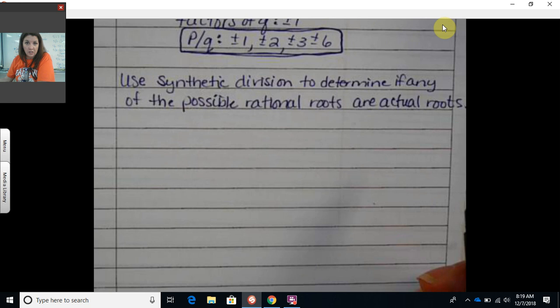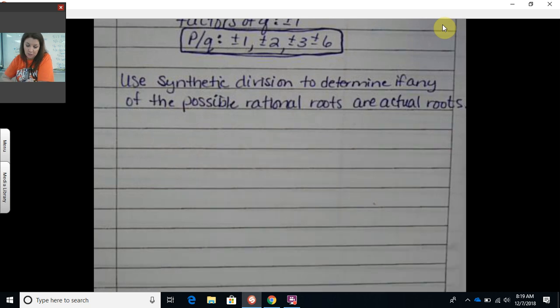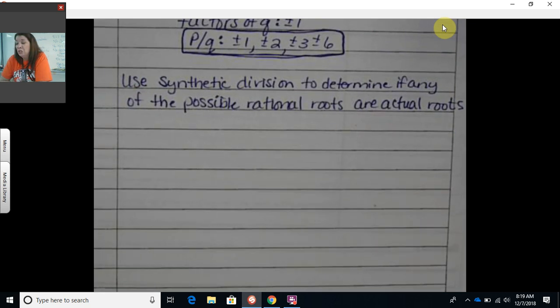So I have 8 possibilities to choose from. You just pick which one you want to start with. There's no secret to figuring out which one to start with.